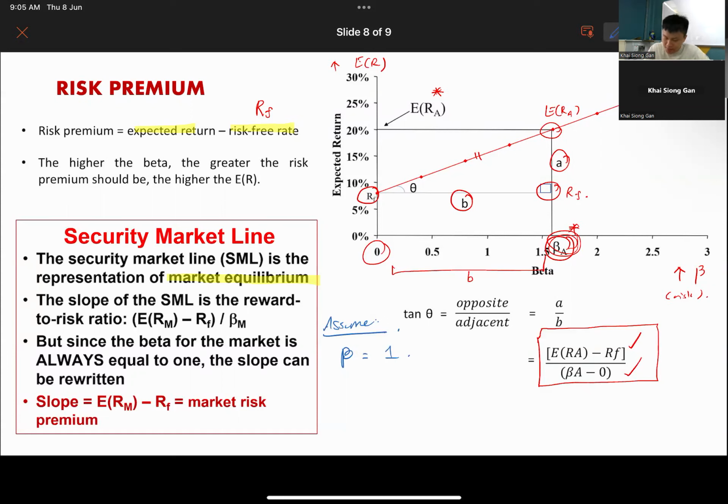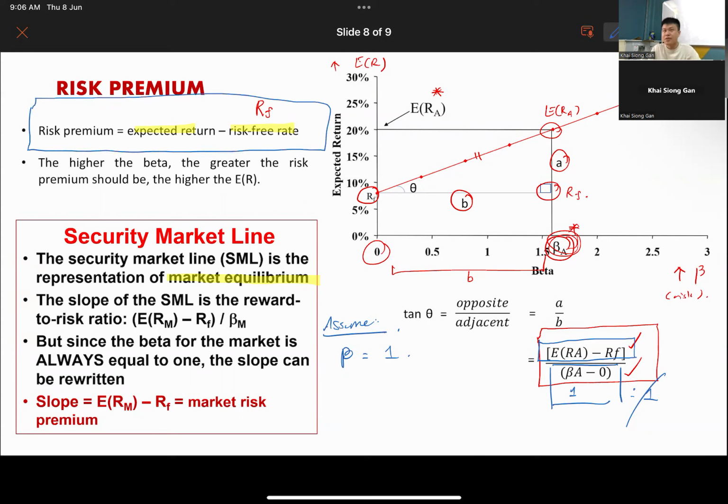So if beta is 1, I put 1 here minus 0, my denominator over here will still remain 1. So it's not important. I can just ignore it. So therefore, at the end, I have this formula on the top only, which is the expected returns minus the risk-free rate, which is the derivation of this formula. So risk premium, that means the reward of accepting more risk, is basically the difference between the expected returns minus the risk-free rate.